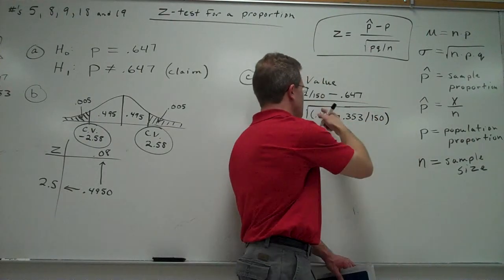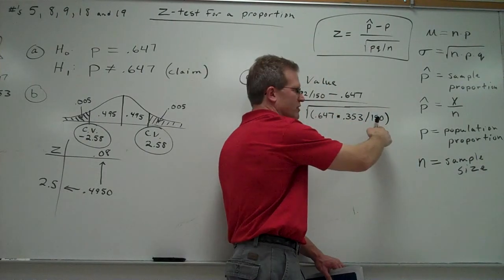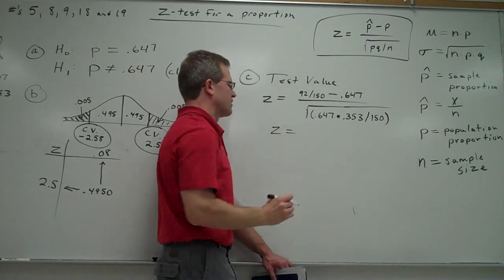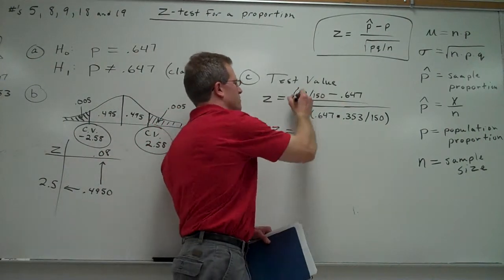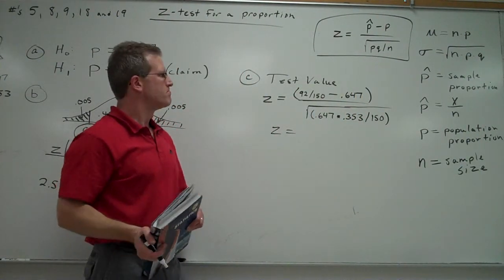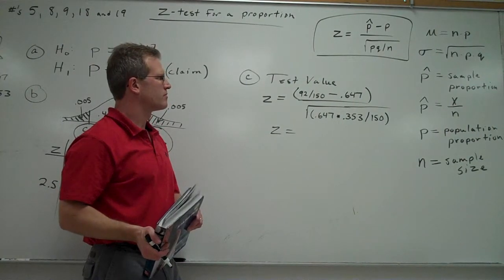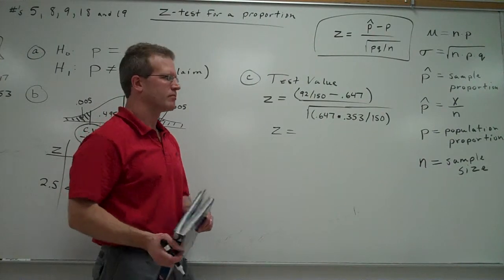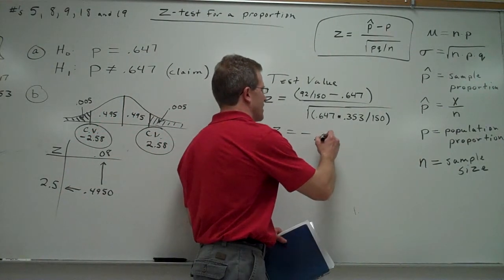You have to make sure you put parentheses around that, so you take the square root of that whole thing. Type that in. Anyone tell me what that comes out to? Negative 0.948.